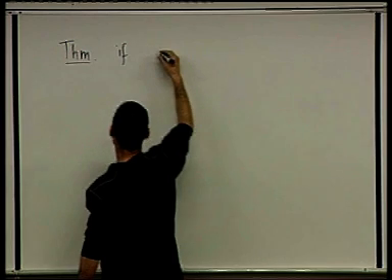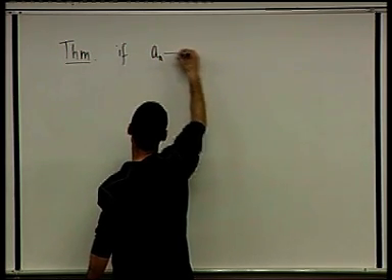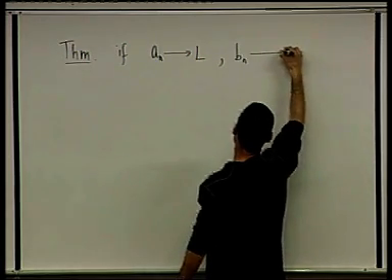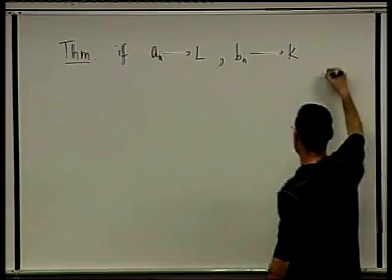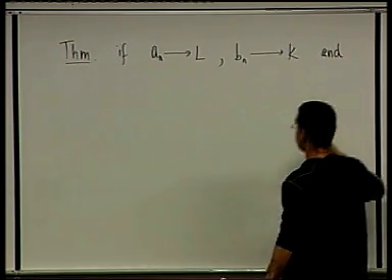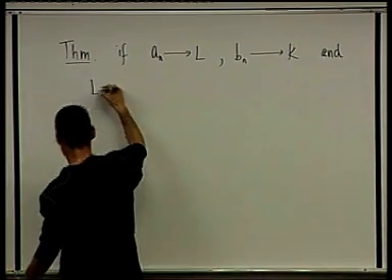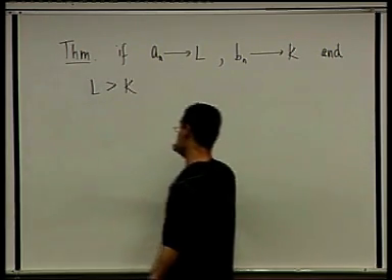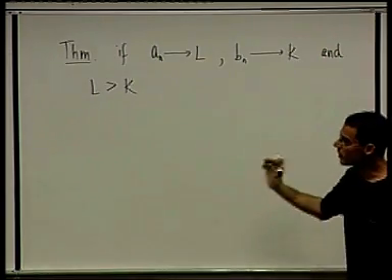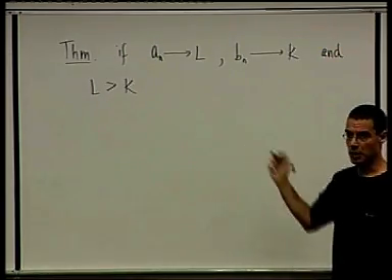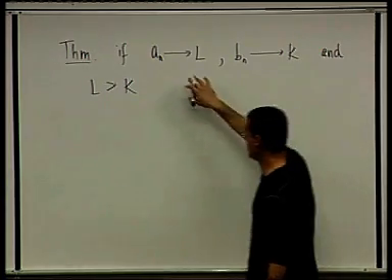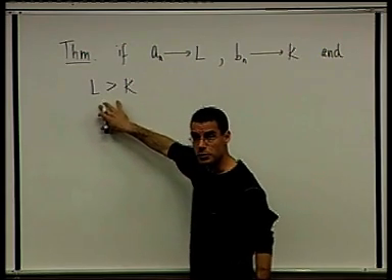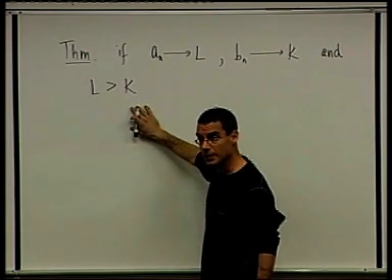If an converges to L, bn converges to K, and L is greater than K. Okay, so this is kind of a different direction of those theorems. So now I'm assuming that both sequences converge, and I assume that I know how the limits relate. So L is greater than K.